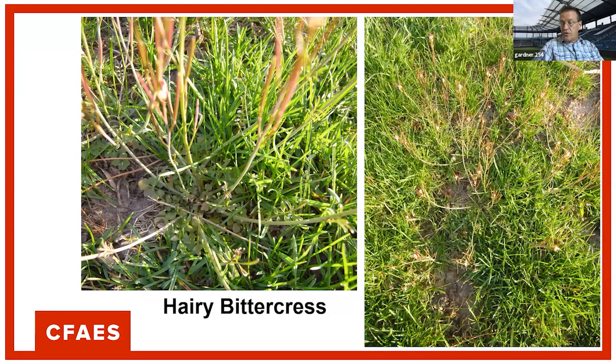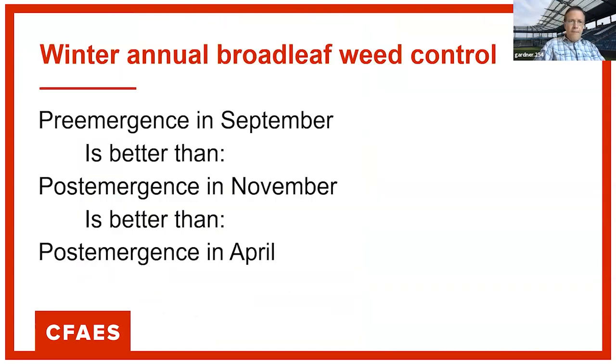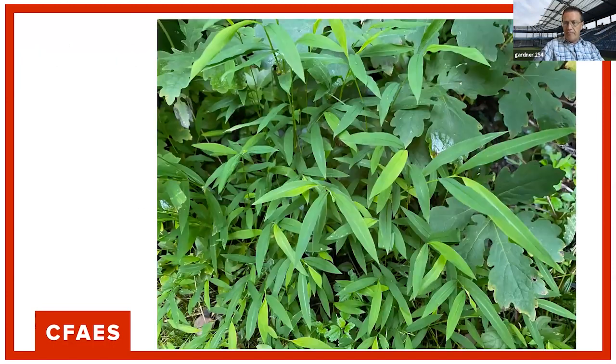The products you would use are the same things you would use for crabgrass control: anything that contains pendimethalin or prodiamine, or preferably dithiopyr, because if you look at that label, it has a more expansive list of broadleaf weeds that it controls. Again, the pre-emerge control can be more effective than attempting to control post-emergence when winter annuals are seedlings. And that's definitely going to be better than when you try to control those the following spring.